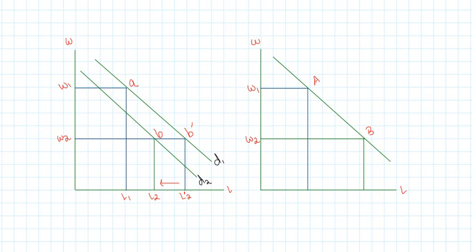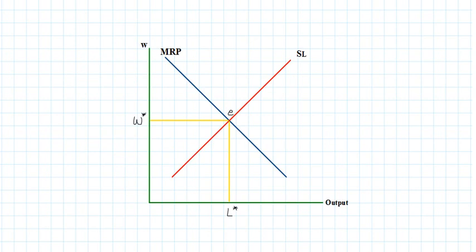So the picture on the right hand side shows the market demand for labor. Graphically, the derivation of the market demand curve of labor is exactly the same as you derive it for perfect competition, except that individual demand curves are based on the marginal revenue product of the factor and not on the value of the marginal product of the factor. That is the only difference. I hope this was clear, and now we can discuss equilibrium.